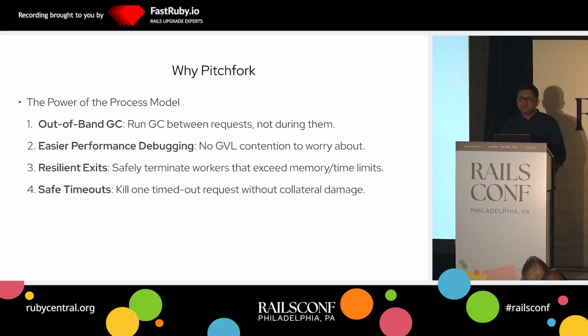So, why would you choose Pitchfork? First, it's built on a simple and robust process based foundation. This gives you powerful operational benefits like out of band GC, simpler performance debugging without GVL contention, and outstanding resiliency. If a worker misbehaves, you can simply terminate that one process and it doesn't affect any other requests.